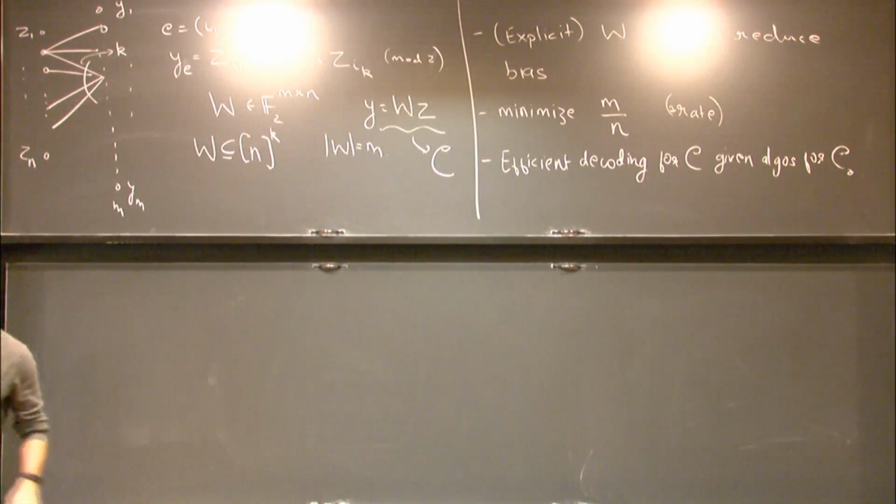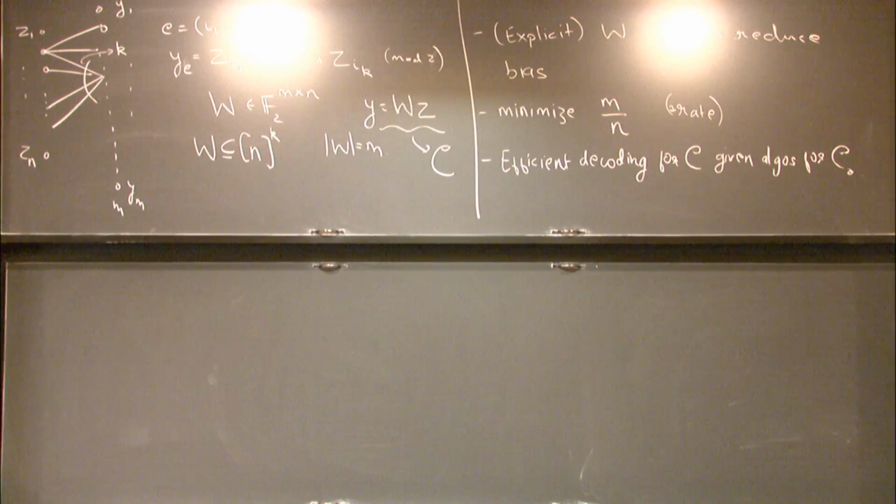All right. So let me say a little bit about just the first 2 points, which is finding good W's which reduce the bias.